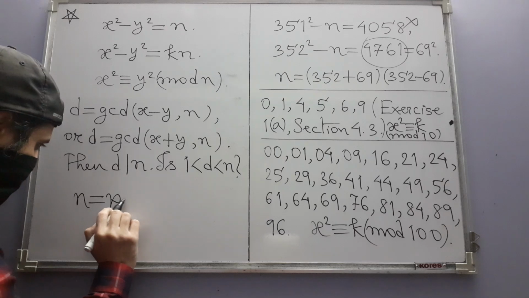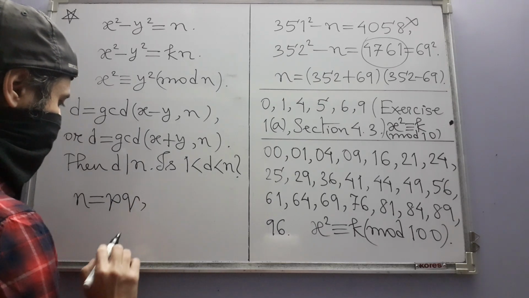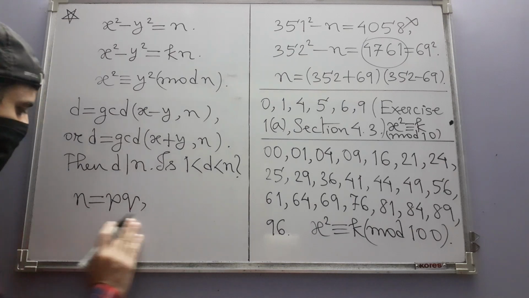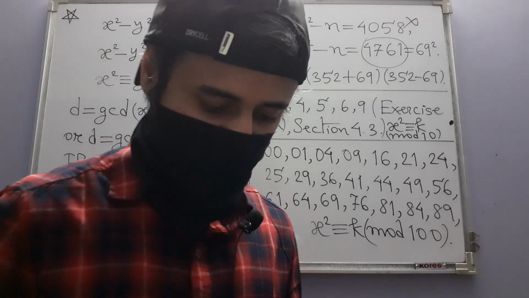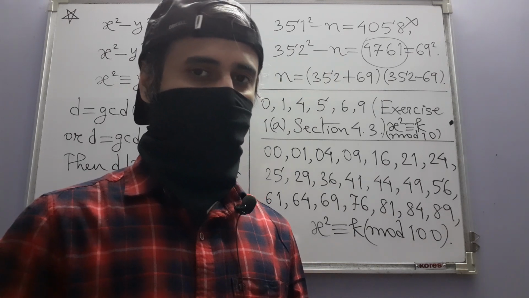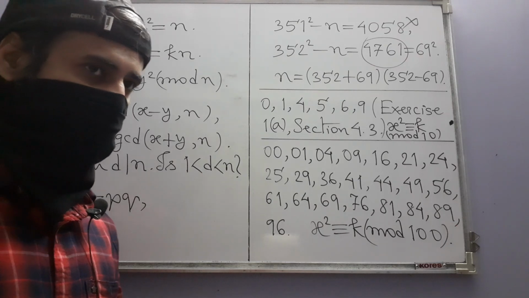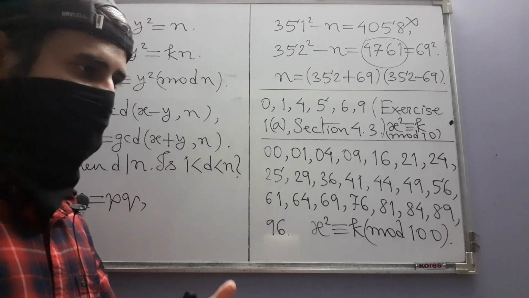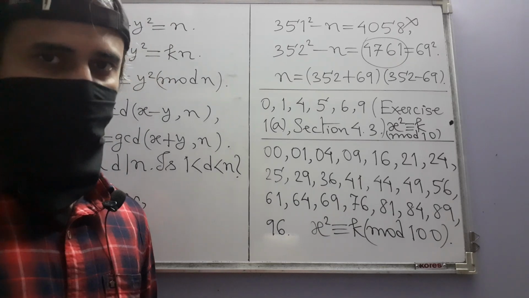n is a product of two distinct primes. The author says in practice because factorization in general is a very difficult thing to do. Multiplication is also computationally heavy, if you take two big numbers, then it takes some time to multiply them.